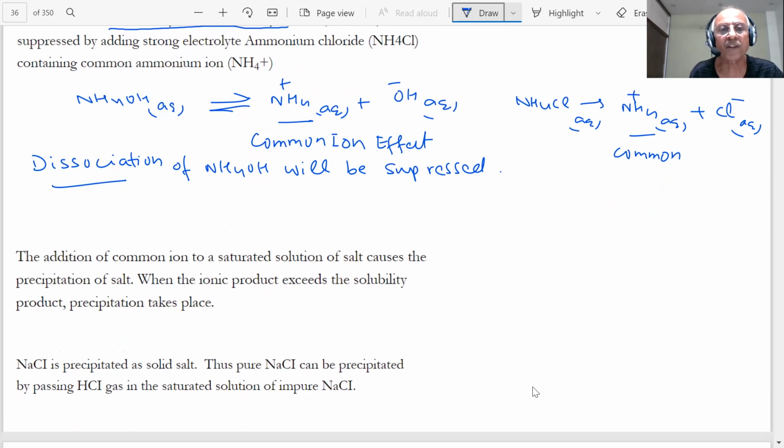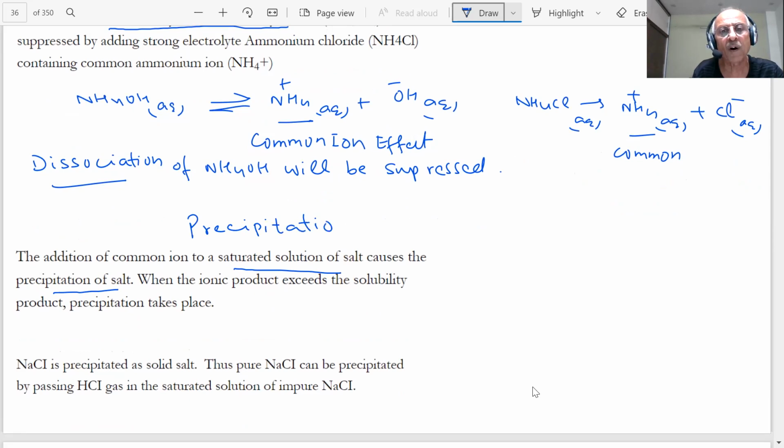You are using such a reaction somewhere. The addition of a common ion to a saturated solution of a salt causes the precipitation of the salt. It is used in the identification of group 3 ions in salt analysis.